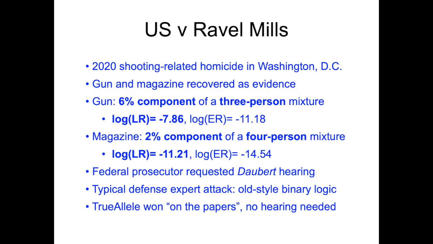They turned quantitation that we're used to in TrueAllele and the error rates that we're talking about into old style binary logic from 20 years ago, wrote something that looked really nice, referred to our validation papers, and then not only said, is this all wrong, but boy, we're just such dishonest people, which was not nice, but lawyers will do anything, I guess, sometimes.